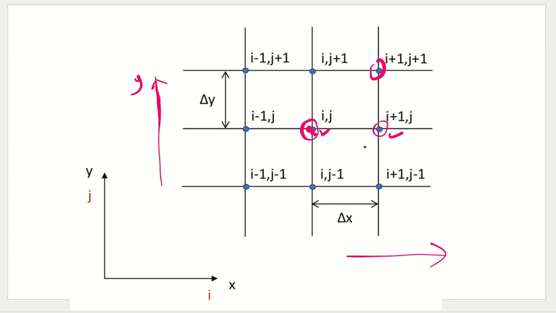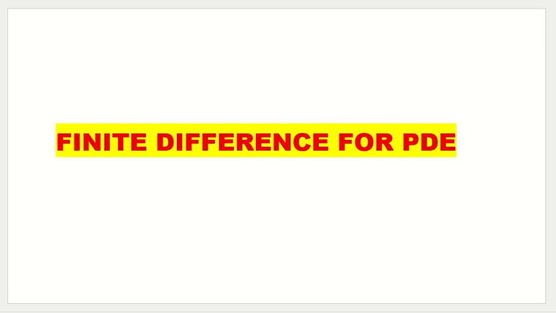Basically, we represent the index along the y direction with j and the index along the x direction with i. So we shall see how this is implemented in finite difference for partial differential equation.